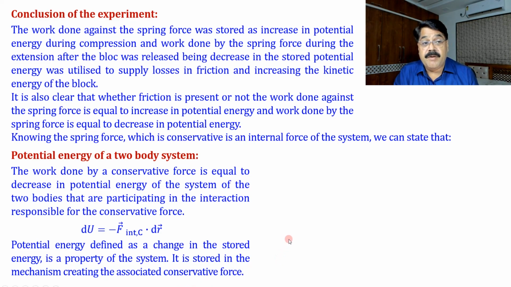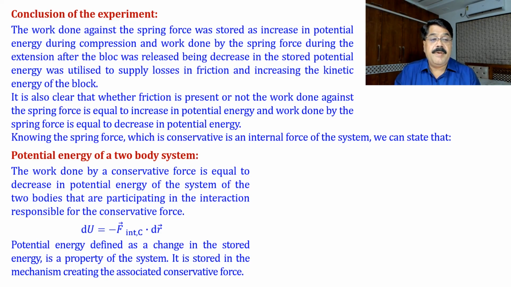That's why I am saying potential energy is not a property of a body. It is a property of the system, and a system is at least two bodies. And where is the potential energy stored? It is stored in the force creating mechanism. Why have I taken the example of a spring? Because a spring is a visible force creating mechanism; the potential energy is stored in the spring because of its deformation.